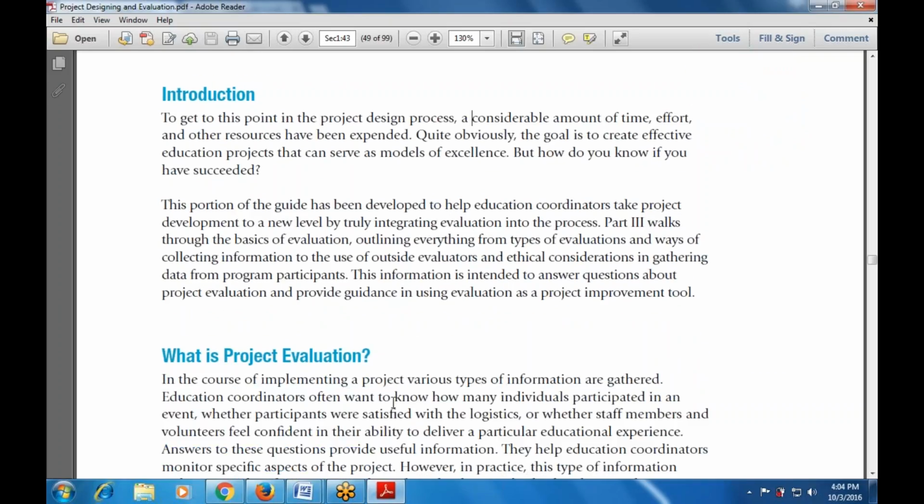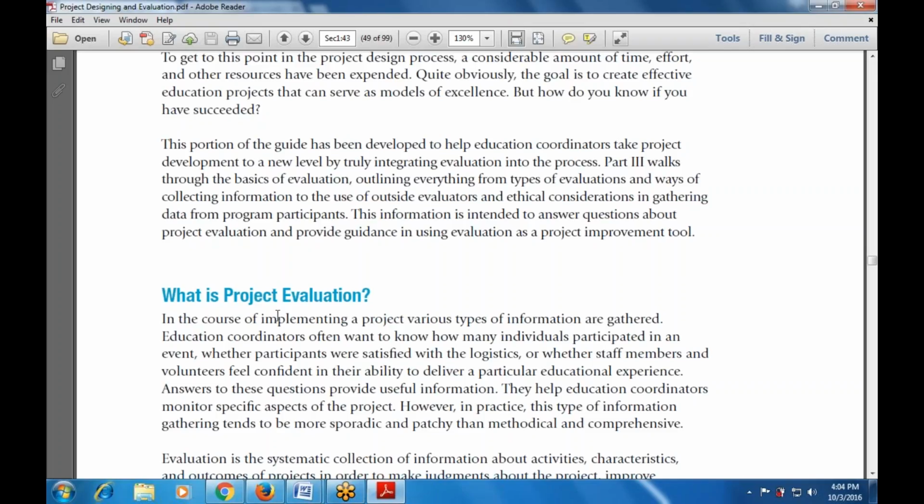Now, the next question arises: what is project evaluation? We have done the introduction; now what is project evaluation, how it occurs, and what are the various benefits of project evaluation. In the course of implementing a project, various types of information are gathered.